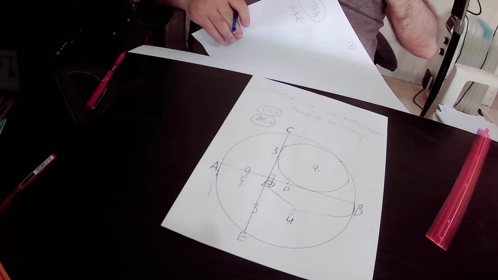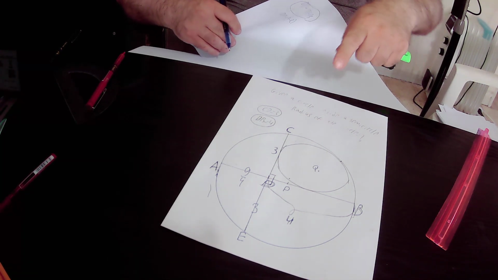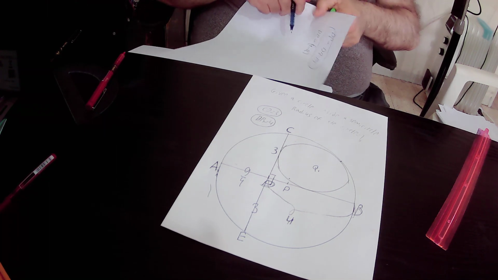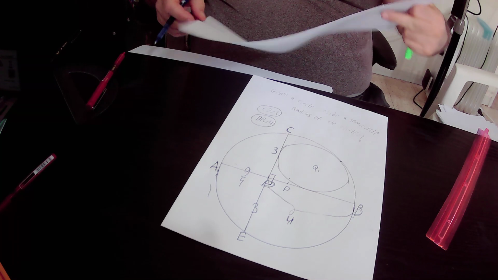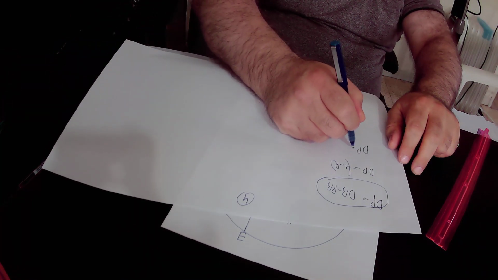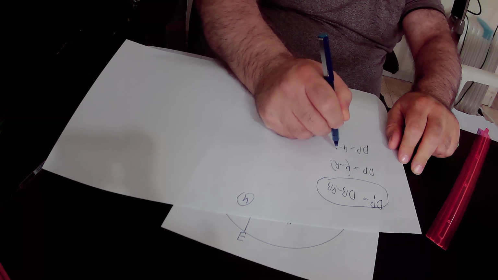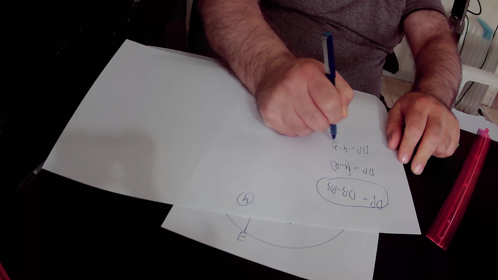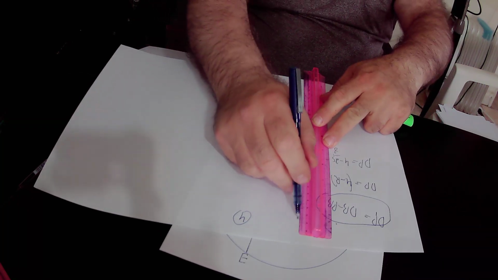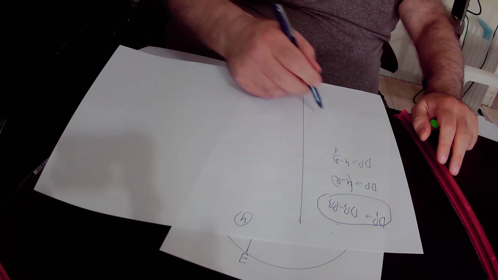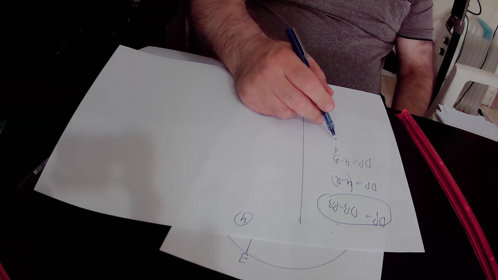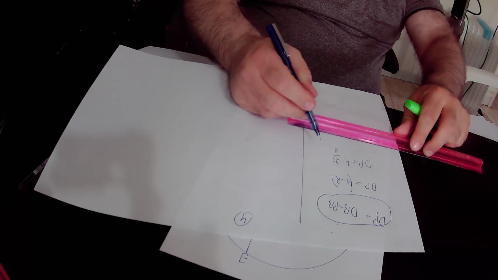But we already found out that capital R, the radius of the big circle, equals 25 over 8. So we can substitute capital R by 25 over 8, and we get that in conclusion DP equals 4 minus 25 over 8. So here we will multiply 4 by 8, and then we divide it by 8 in order to have a common factor of 25 over 8.